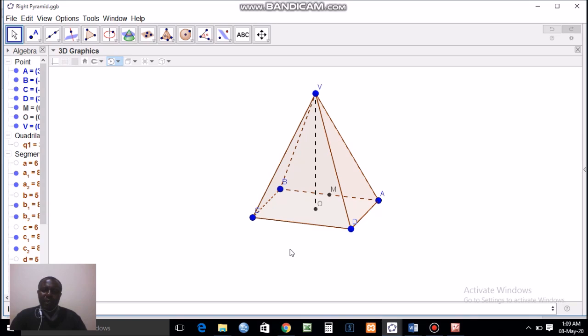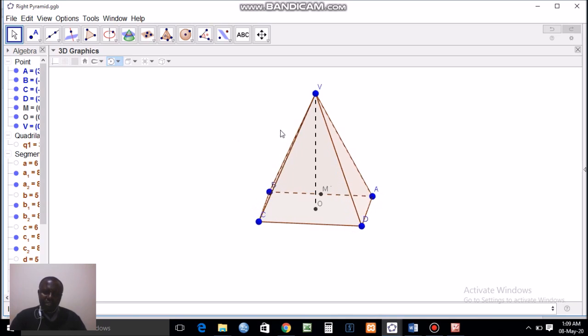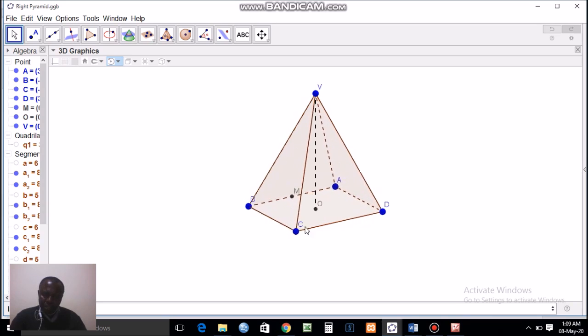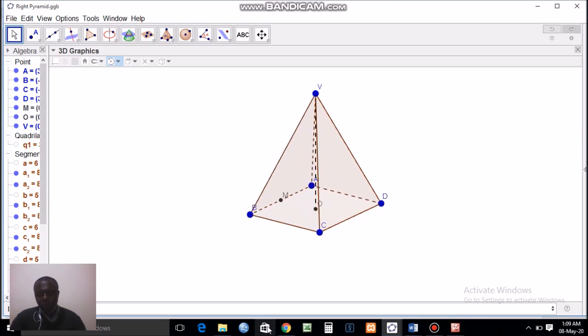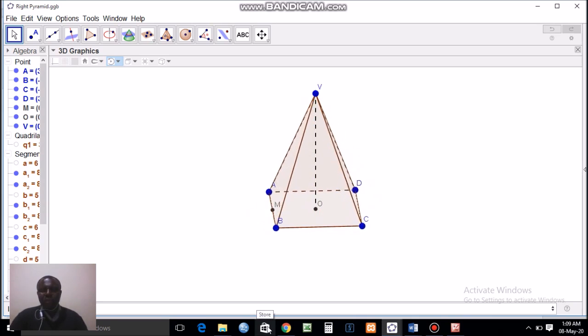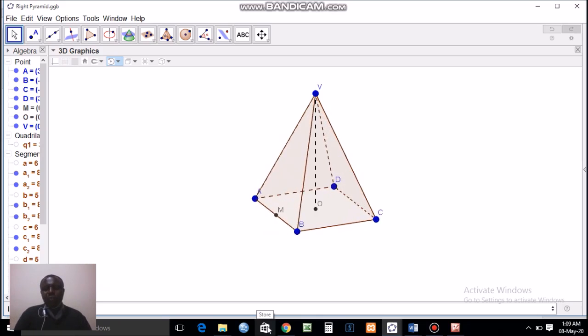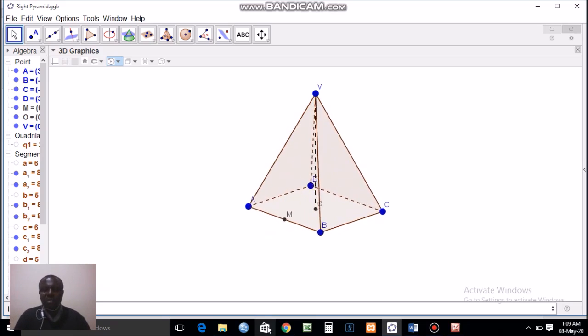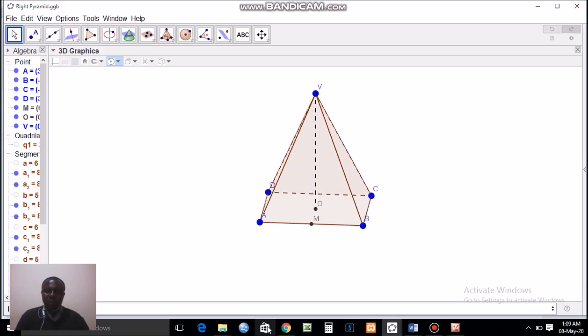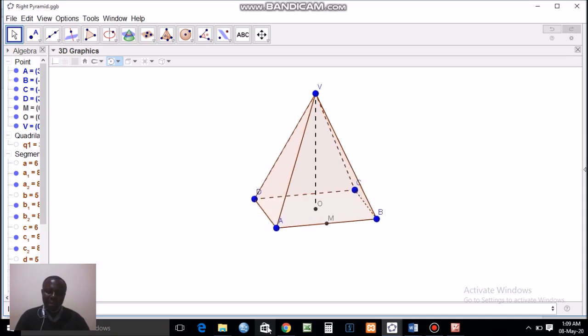Sometimes a pyramid will have all the slanting edges equal, like in this case, VB, VC, VD, VA are all equal. In this pyramid, all the slanting edges are equal, and if we have all the slanting edges being equal, then that pyramid is called a right pyramid.